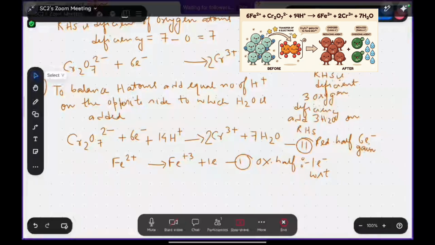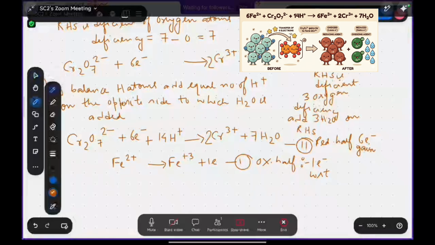If 1 electron is lost, then how is it possible that 6 electrons are gained? So what to do? We need to take the LCM, the last step for balancing the charge. Balance the electrons. Take LCM of each electrons. Here 1 and there 6.